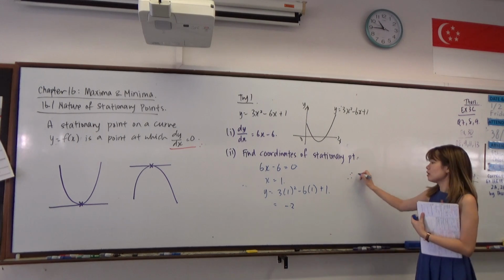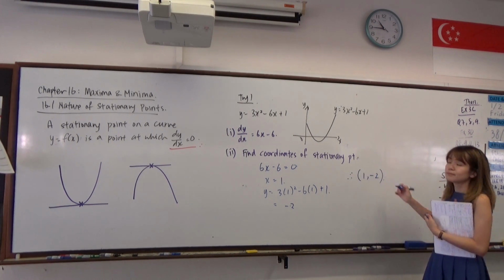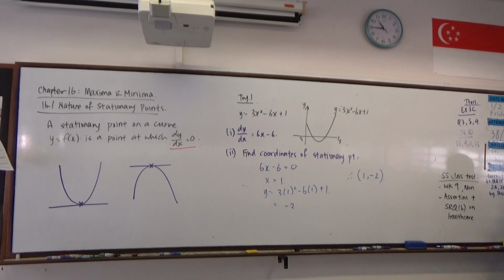So therefore the coordinates will be (1, negative 2). That is how we can find the turning point or the stationary point.